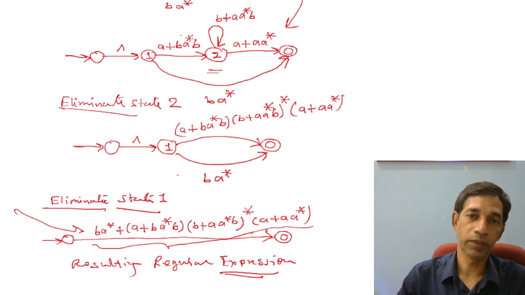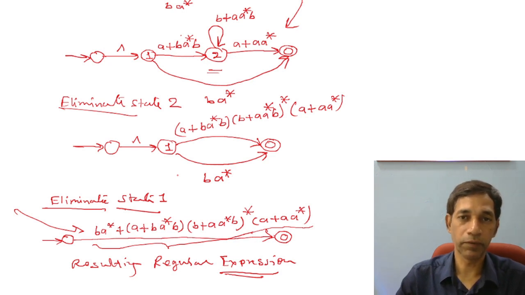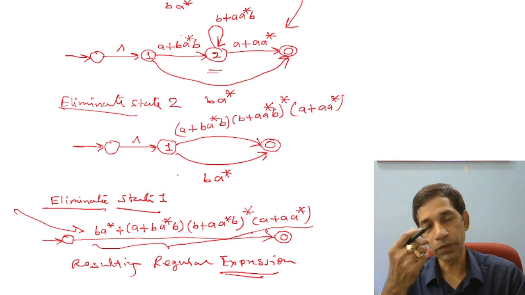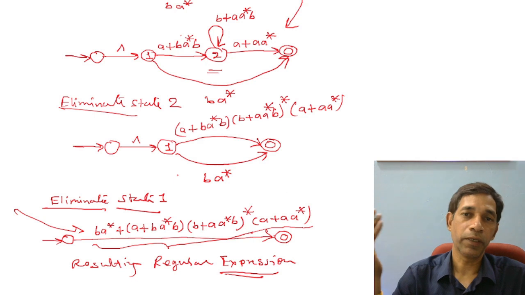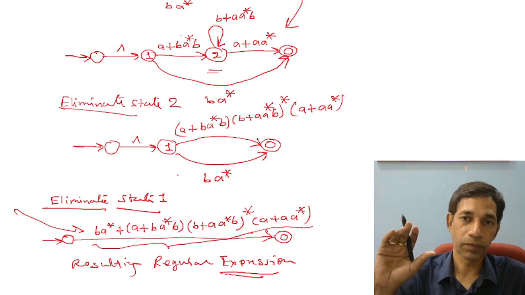So you can go for obtaining the regular expression, and while you are obtaining the regular expression, you are bypassing and eliminating the states one by one till only two states remain.